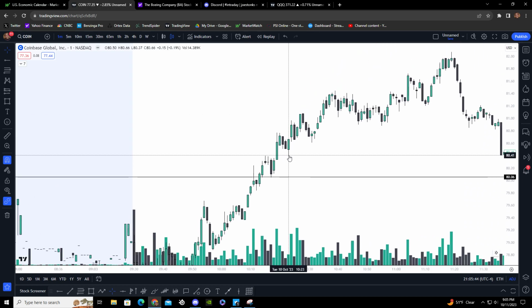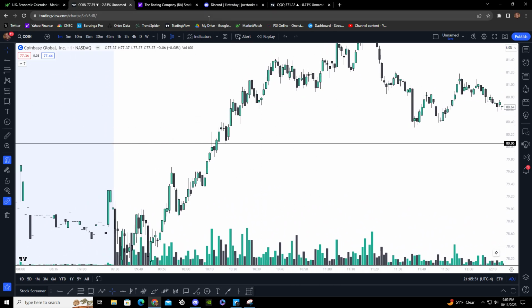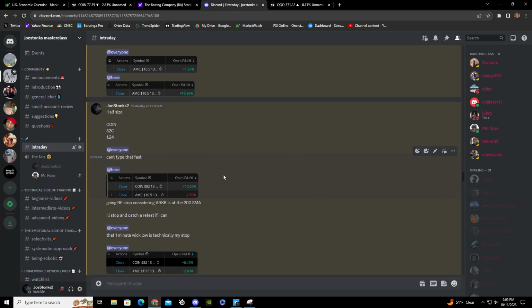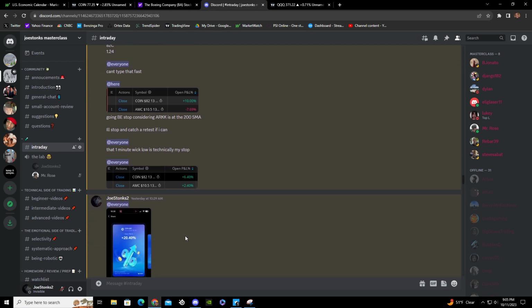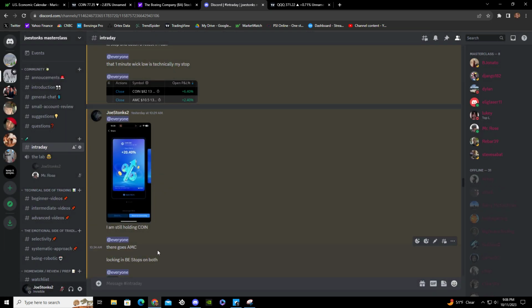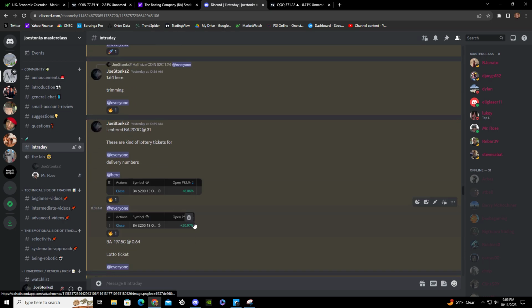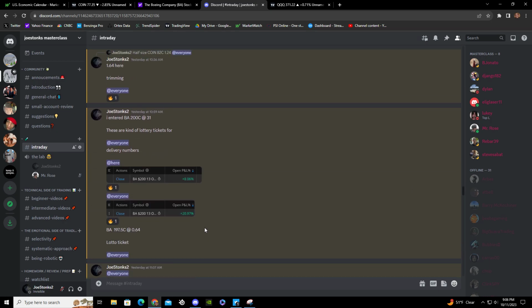We never stopped out at break even. It continued higher. It was a shaky trade, but it held higher lows. ARKK was getting close to that 200 SMA, so I was taking trims and setting stops so I didn't lose on the trade. It was a clean trade.